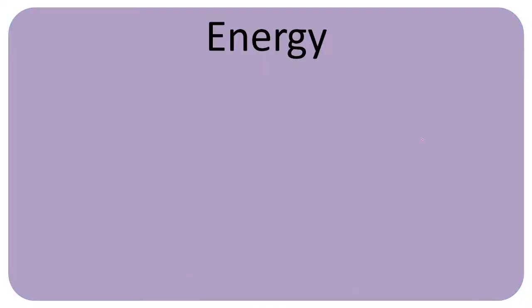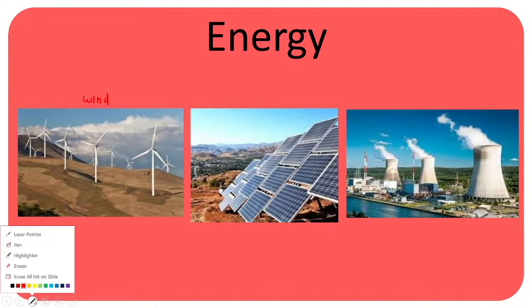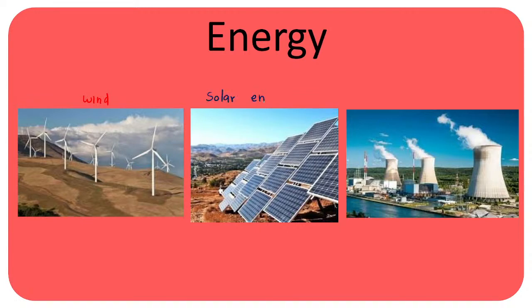Okay. Light is a type of energy. Just like we have different sources of energy, we have wind energy, we have solar energy. Okay, just like we have these different forms of energy. That's a picture of a solar panel. Okay, so using solar energy, we have nuclear power plant.